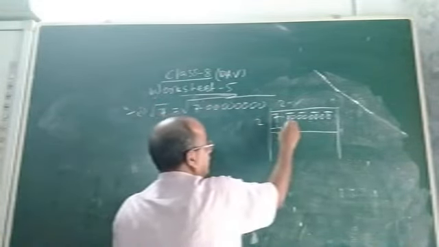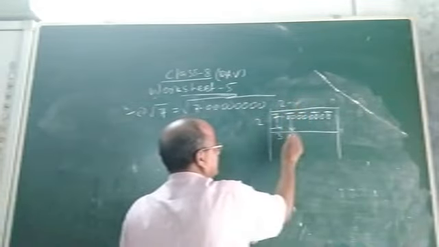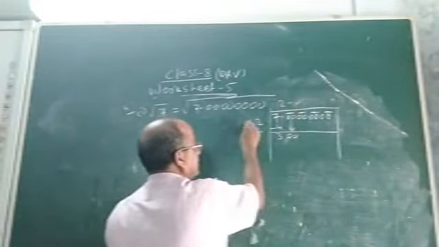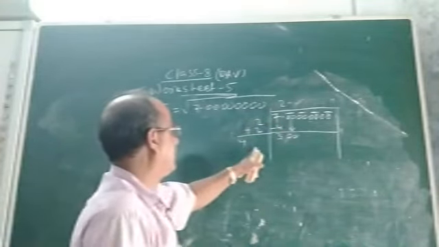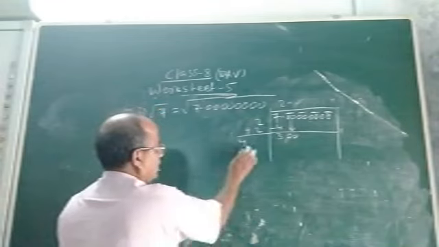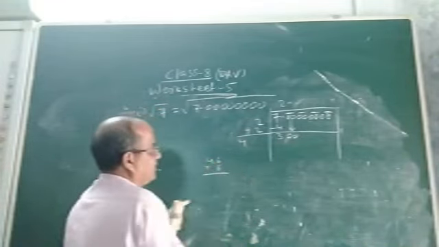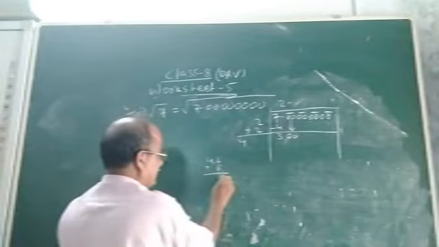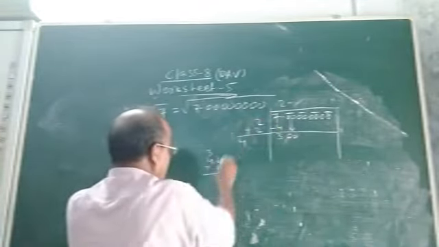Now shift the decimal point here. Bring this period 0 0 down. Now add here 2 plus 2 is 4. Then what to put? Let us try with 6. 46 multiplied by 6.